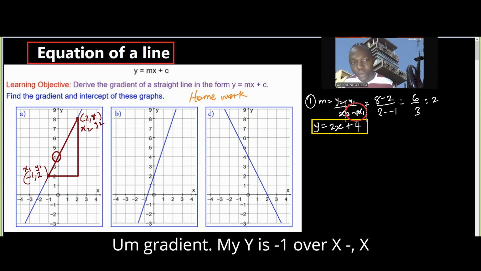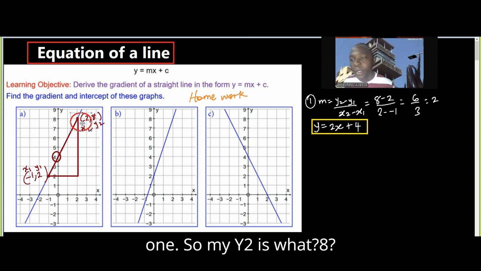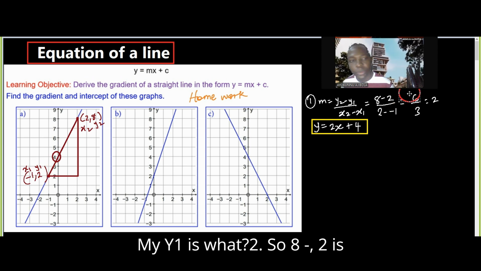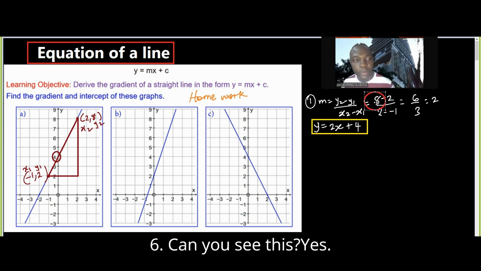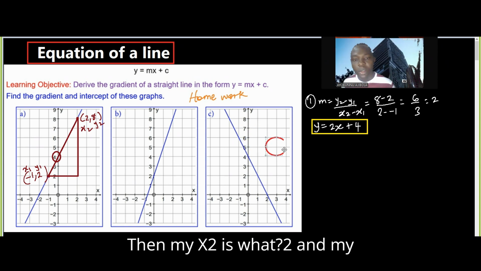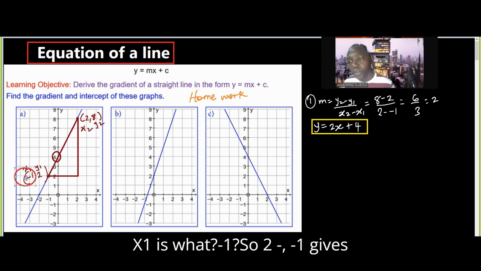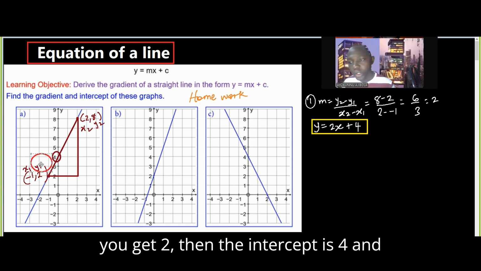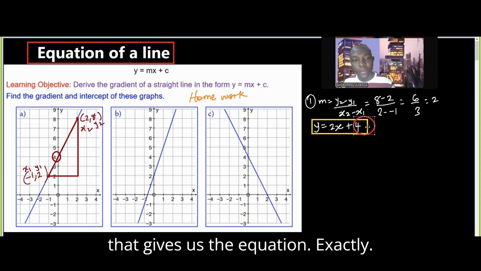My y2 is 8, my y1 is 2, so 8 minus 2 is 6. My x2 is 2 and my x1 is minus 1, so 2 minus minus 1 gives us 3. Then you divide, you get 2. Then the intercept is 4, and that gives us the equation.